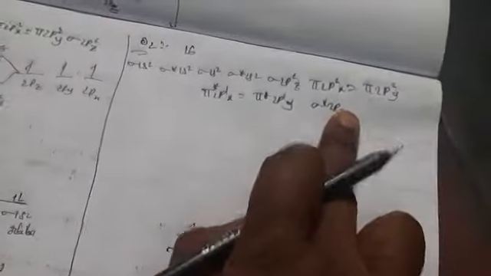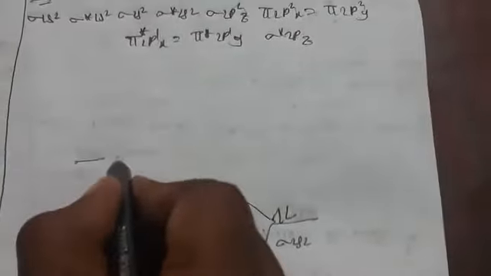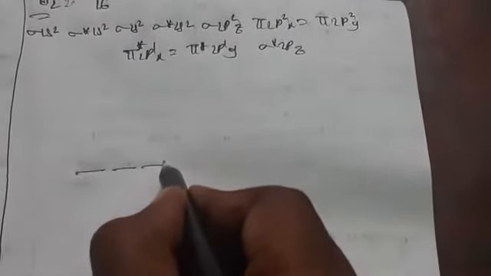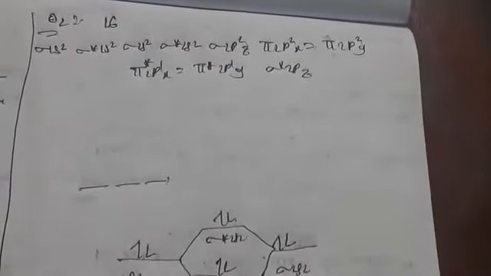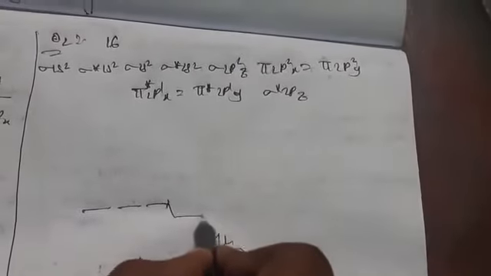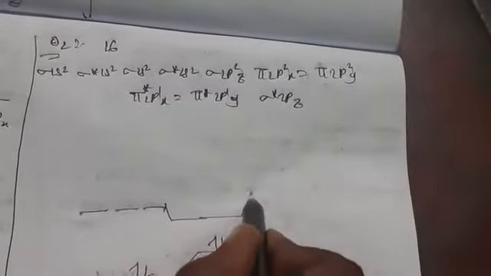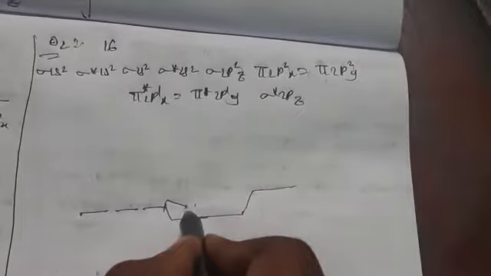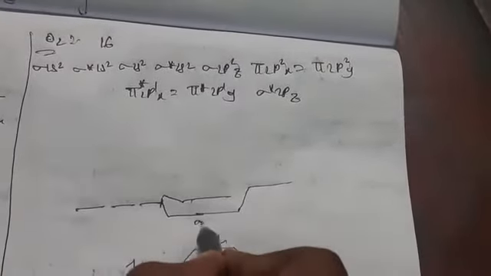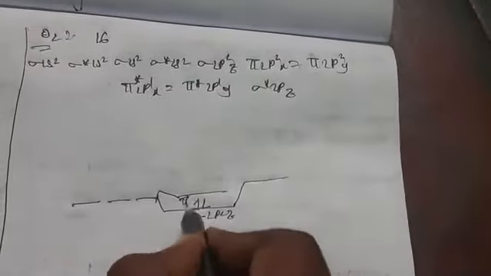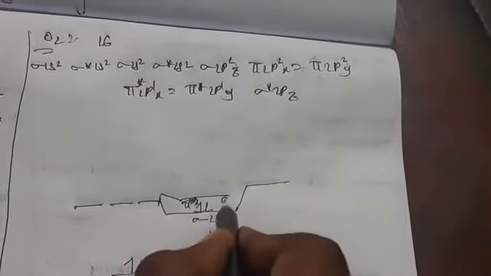So next one, what are you having? Pi 2p2x, pi 2p2z. Okay, so here how many orbitals? The p orbital is divided like this here. So now coming to here, what are we going to have? So pi orbitals, x orbital. So next one you are having pi orbital. So this one you are having what? Sigma 2p2z here. 2 electrons here. Pi 2px, pi 2py.